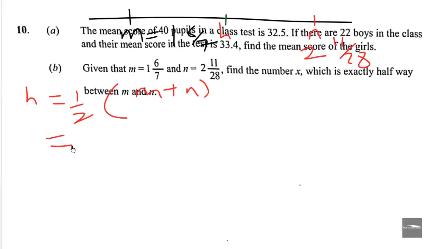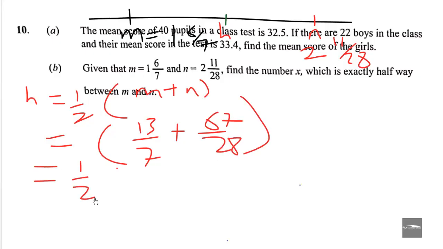So m, we have to change, one whole number, 6/7, to a fraction, and that will give us 13/7. Then we add it to n: 2 times 28 is 56. 56 plus 11 is 67/28.